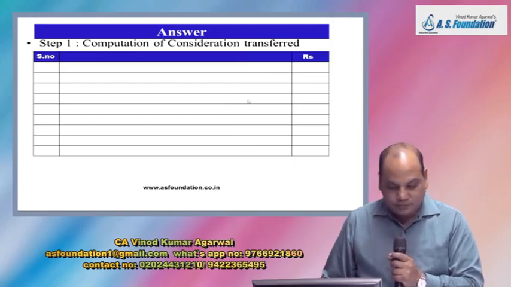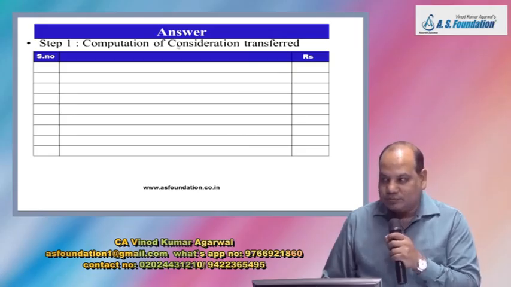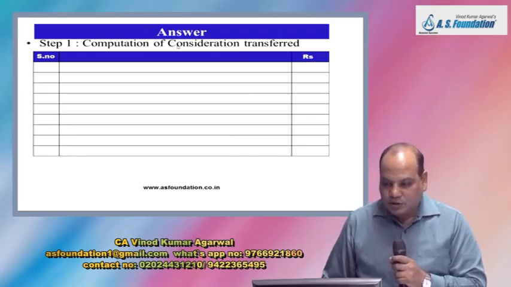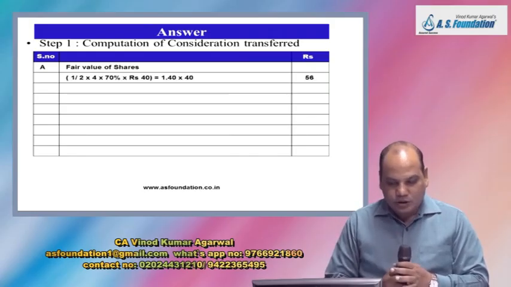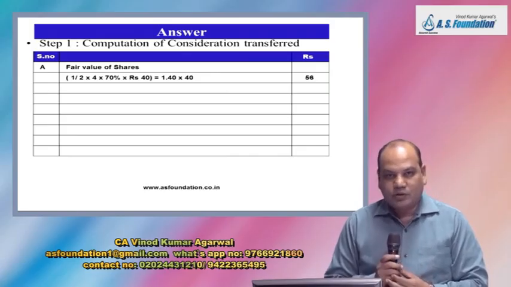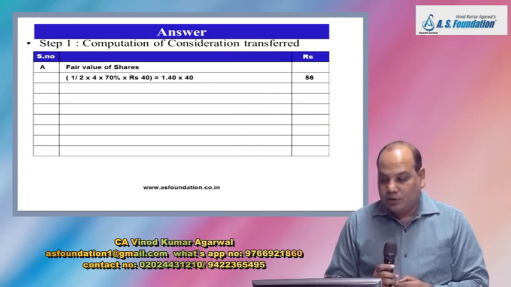Is it right? So what is my step number 1? Consideration transferred. Computation of consideration transferred. Under that, write A. Fair value of shares issued.